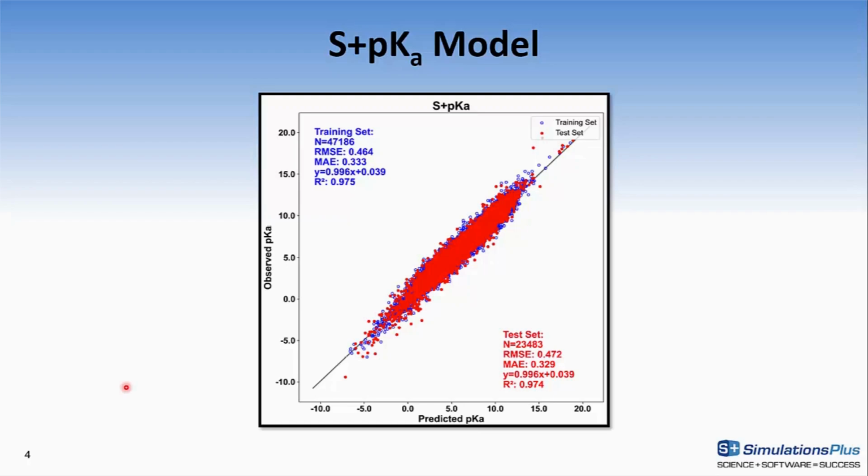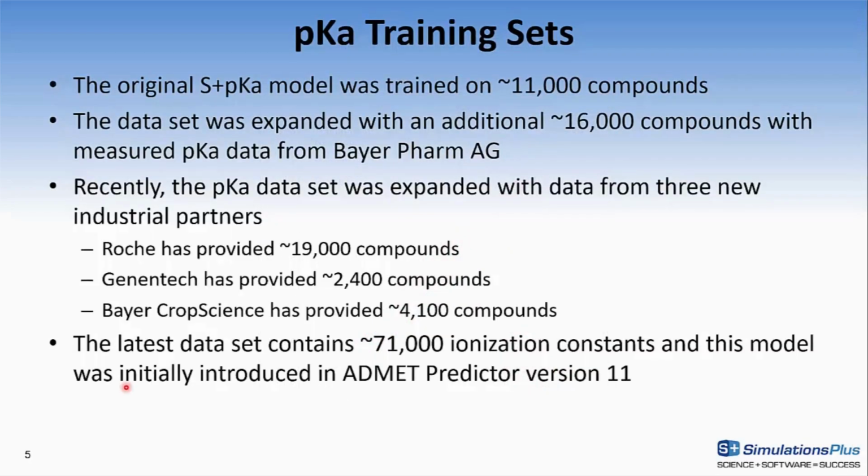This data set was created in several different chunks. So the original S+pka model was trained on about 11,000 compounds from the literature. Then around 2012-13, we went into a collaboration with Bayer Pharmaceuticals, and they provided 16,000 compounds with measured pKa data.